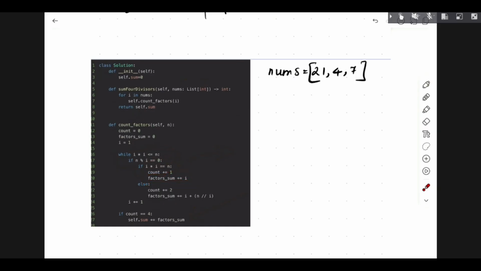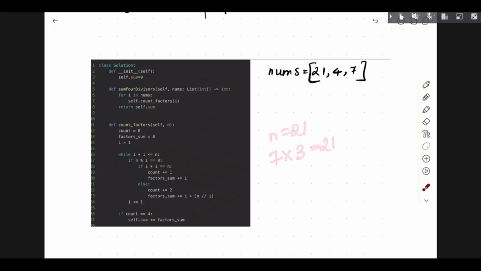If i is 6 and n was 36, in this case the factor sum plus, we only need to add one value, that is 6. So that's a condition that's handled here. And for the normal case, let's say n was 21, then 7 into 3 is equal to 21.